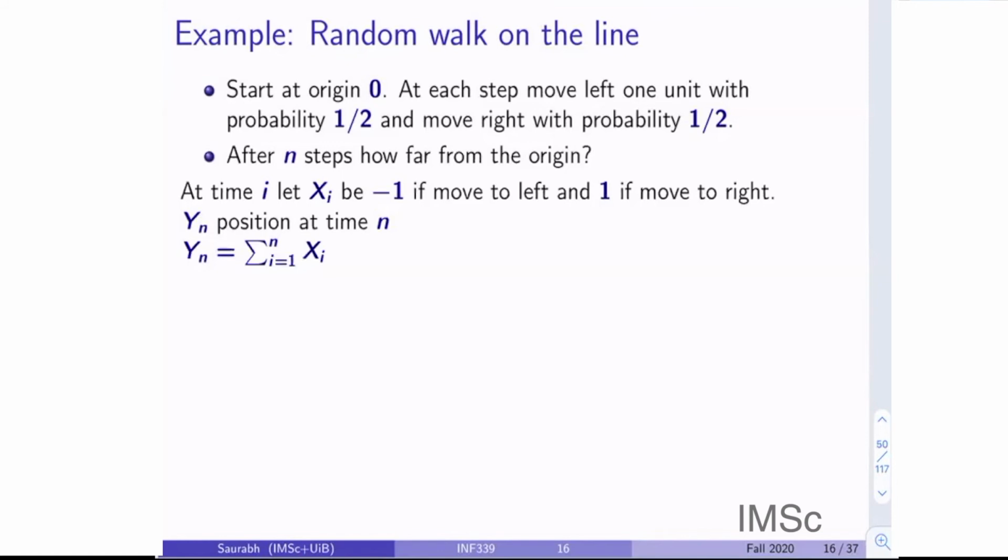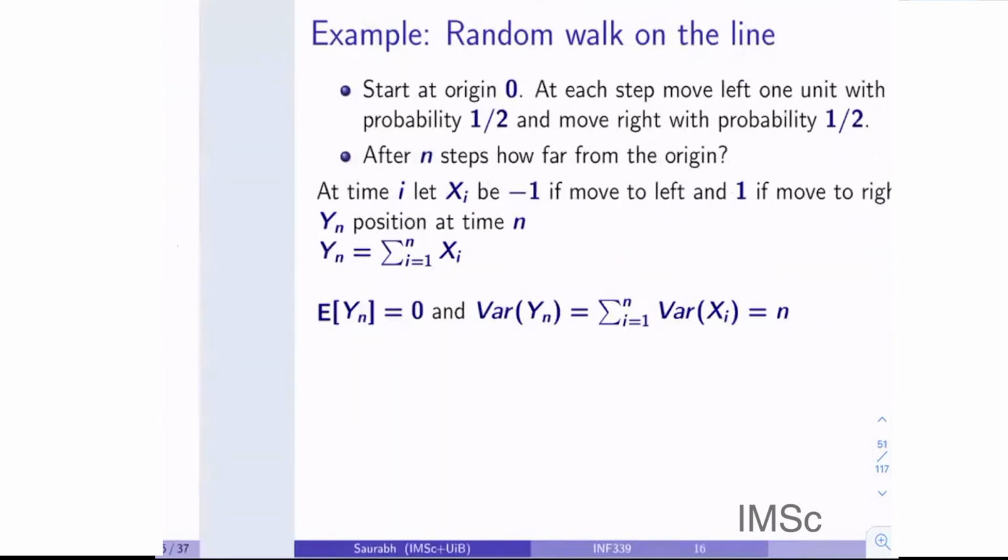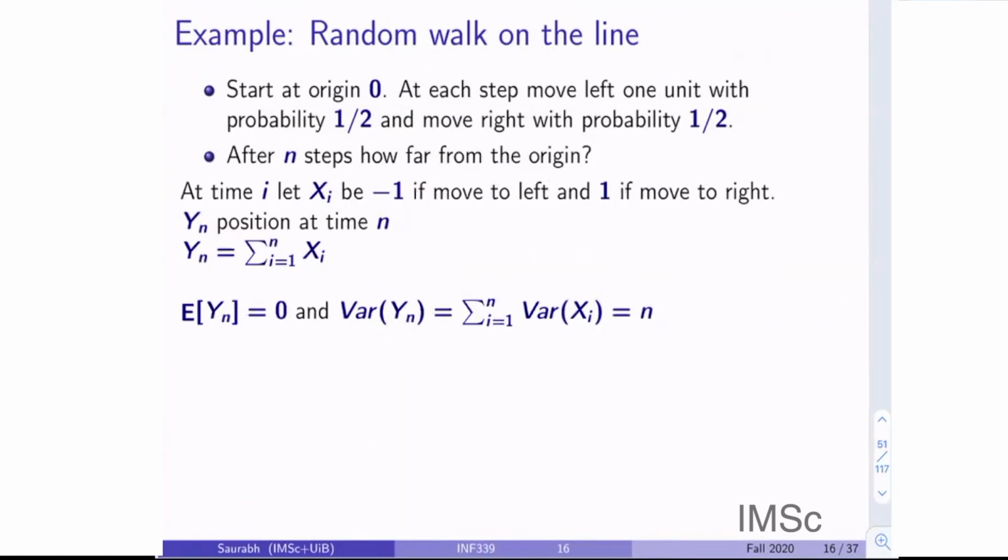Okay. And now, what is the expectation of yn? Let's see. Look at xi. The expectation of xi is 1 with probability half, -1 with probability half, so it is 0.